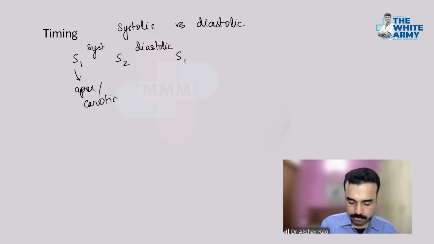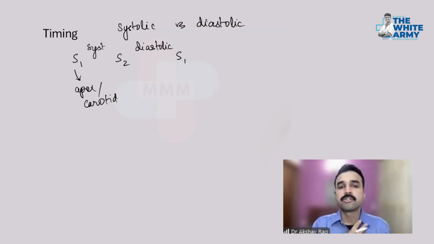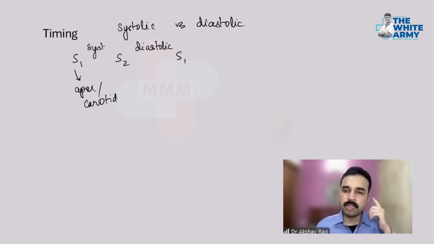So if you're auscultating the heart, you place the chest piece on the patient's heart and you're palpating the carotid. If the murmur comes after the carotid impulse, then it is systolic. If the murmur comes before the carotid impulse, then it's diastolic. These are things that initially you may have difficulty in picking up, but as you hear more and more, it gets easier. Even as a first year postgraduate resident, I could still not confidently tell which murmur I was hearing.